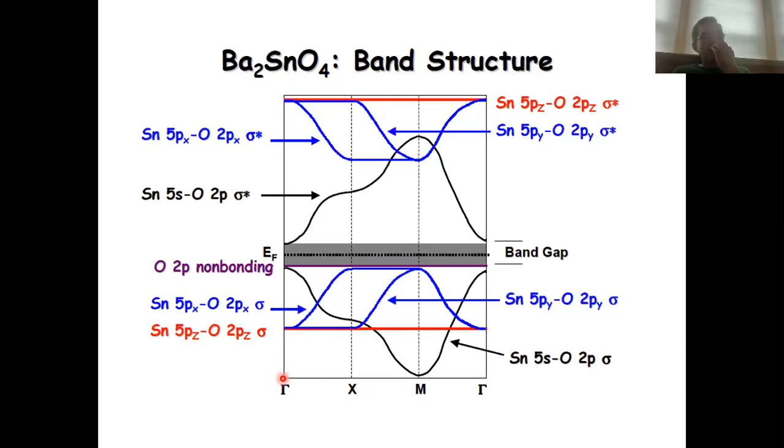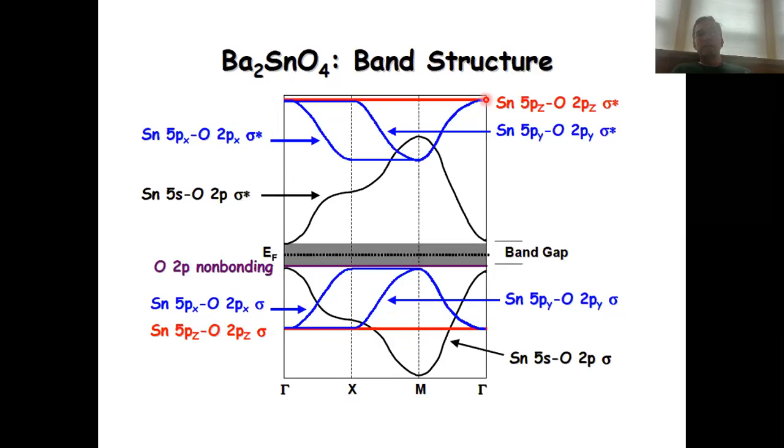Therefore, as we go from lambda to chi to m and back to lambda, the energies do not change at all, and that means that our bands remain completely flat. So these are these two red lines. This one here for the bonding orbital overlap, and this one here for the interbonding situation.